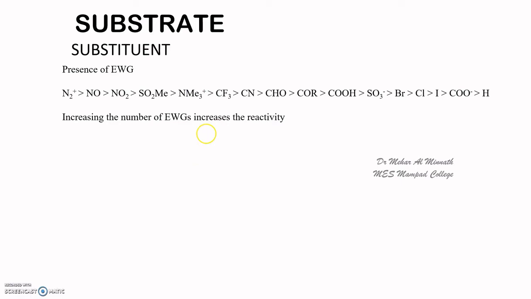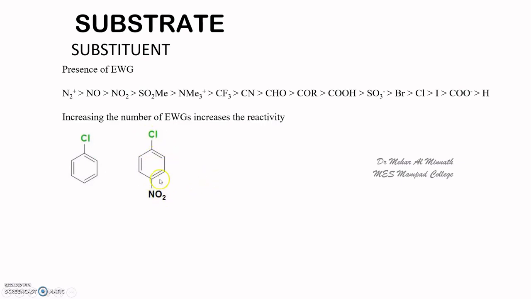The only thing is that these electron withdrawing groups must be present ortho or para to the leaving group. So you have chlorobenzene over here. This can be made more reactive towards nucleophilic substitution if you introduce an NO2 group either to the ortho position or to the para position.